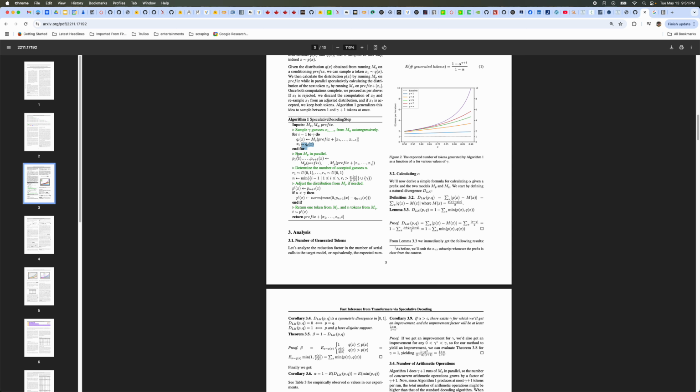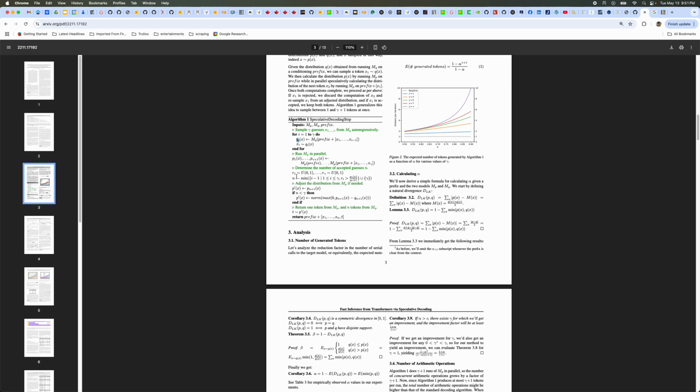Essentially, we compare the likelihood of the draft model with the likelihood of the target model. If the likelihood from the target model is larger than from the draft model, it means we are confident that token is a good token, so we accept it. However, if the probability of a token from the target model is less than its probability from the draft model, that means there is not certainty.